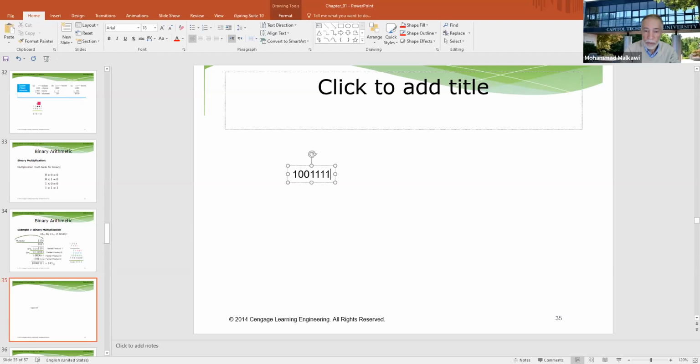Let's say I have, actually, let me do one more. And my second partial product would be, let's say, 1 0 0 1 0 1 0, because it's shifted. And then here I have 1 1 1. I need this 1. Then it's 1 0 0.